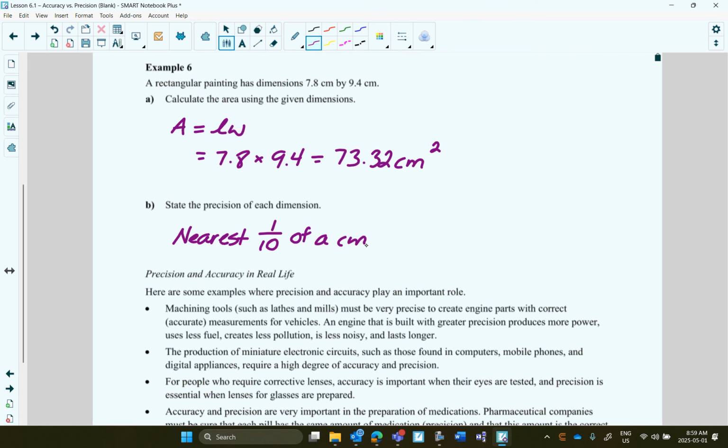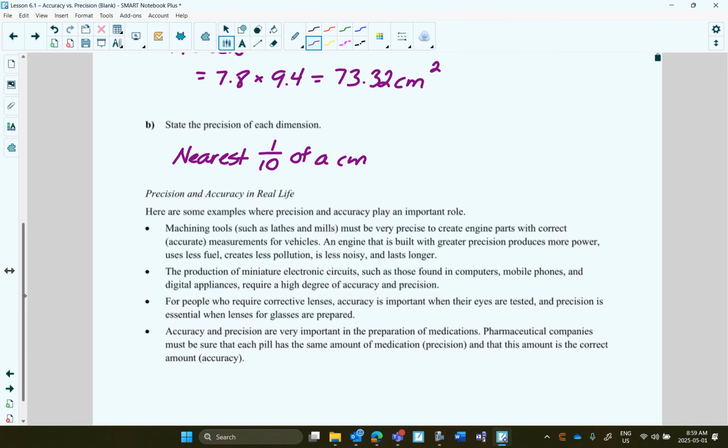And then finally, you can see where we use precision and accuracy in many different areas of life, like machining. I mean, if you're building a vehicle, and you're not accurate or you're not precise, that vehicle is going to fall apart as soon as you get in and start driving it. Okay, you can see a couple of other examples here, medications at the bottom.